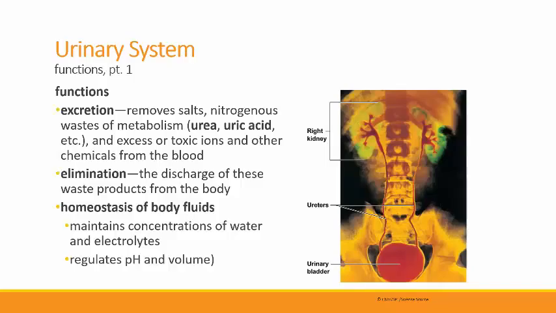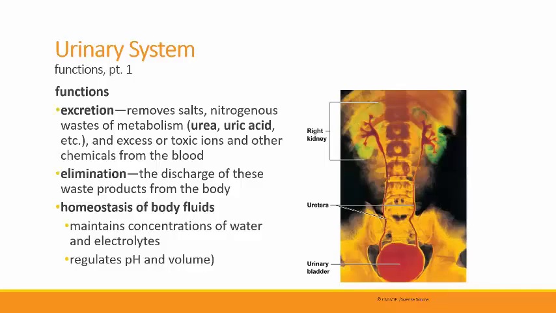So we get all that stuff out of the blood, and then we can tuck it down in the urinary bladder, and it's stored there awaiting elimination, which is then the discharge of these waste products as we urinate and get rid of the urine that we're holding there in the urinary bladder. A third function would be homeostasis in body fluids.